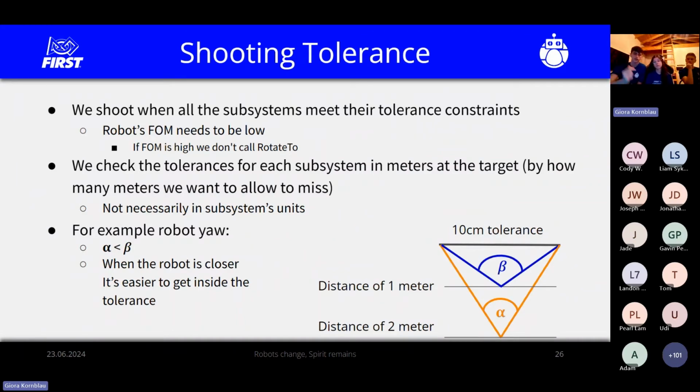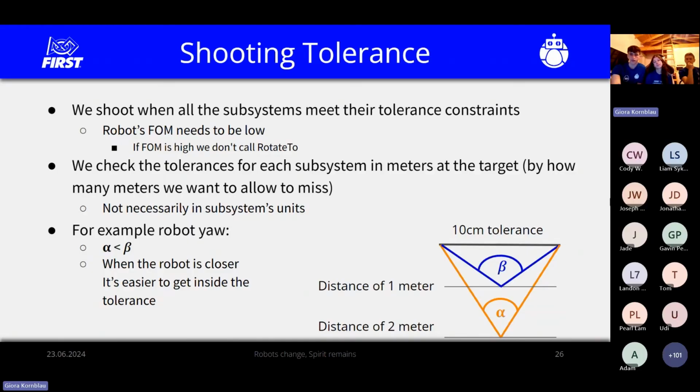And if we are at a distance of 1 meter, we get the angle between both vectors from the pose to each end of the tolerance, and the angle between those two vectors will be our angle tolerance: how many radians we allow the aim to miss by.